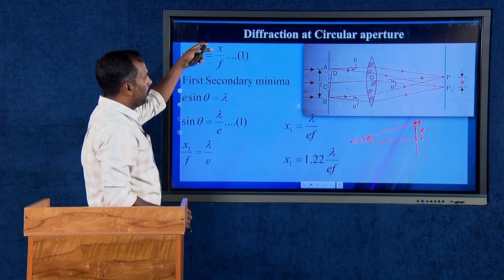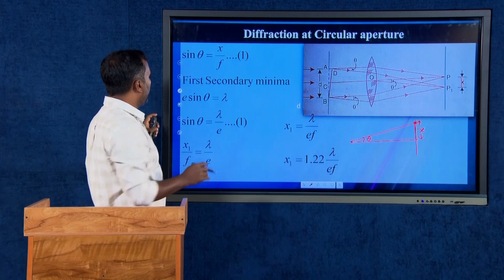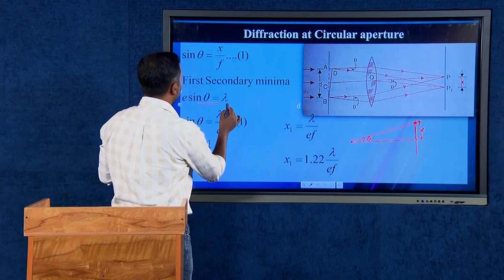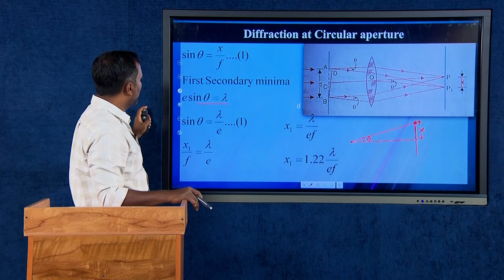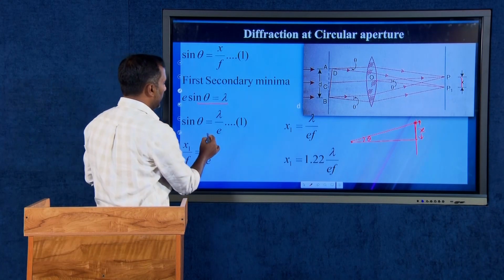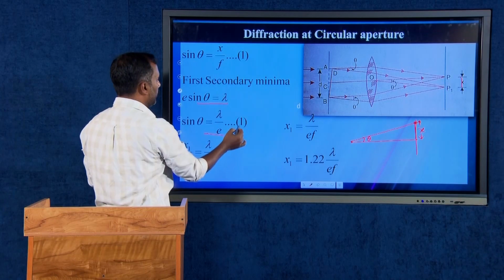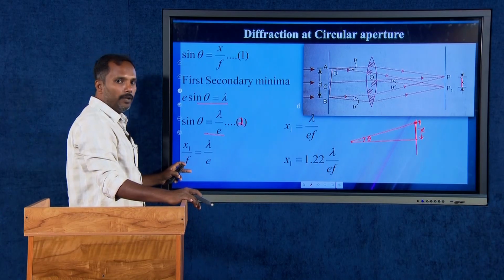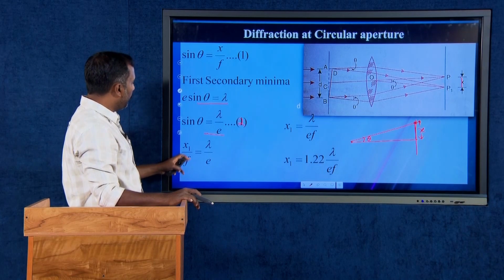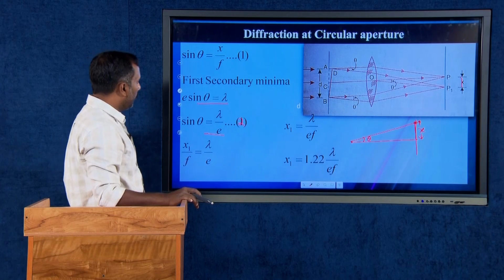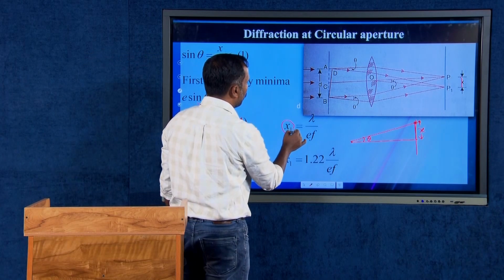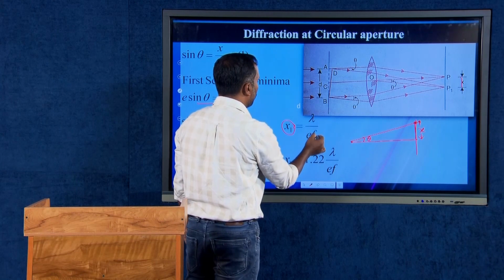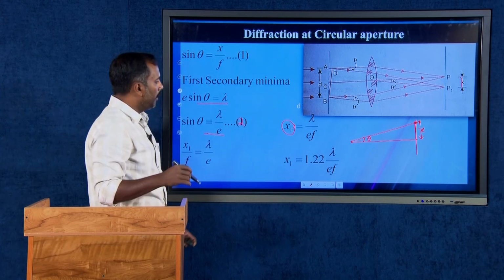So sin theta is equal to x by f, and the first minimum forms when E sin theta is equal to 1 lambda, which gives sin theta equal to lambda by E. This is equation number 2. From these two equations we get x1 by f equal to lambda by E, so the radius of the first ring of minimum intensity is lambda by E times f.